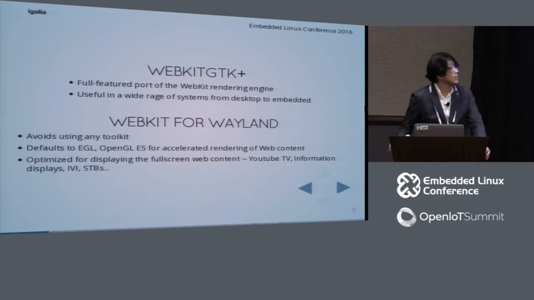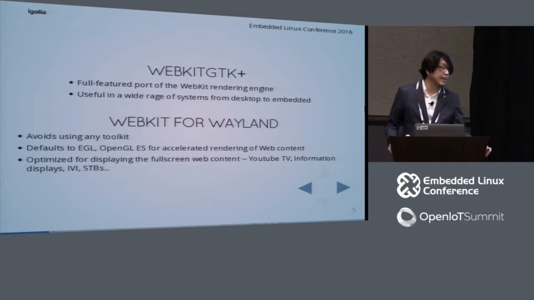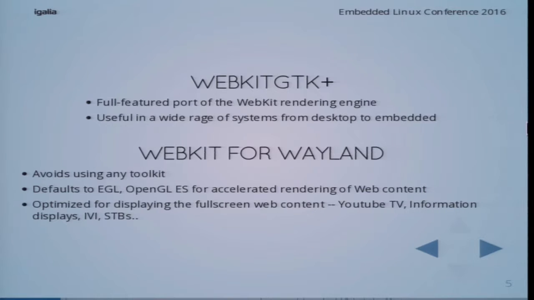So what is WebKitGTK? WebKitGTK is a fully featured web engine, so it supports every aspect of the web browser, such as clipboard and preferences. It is quite useful if you want to implement something like a web-based application.